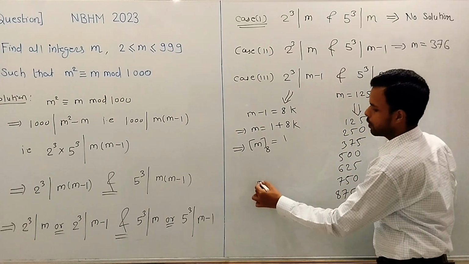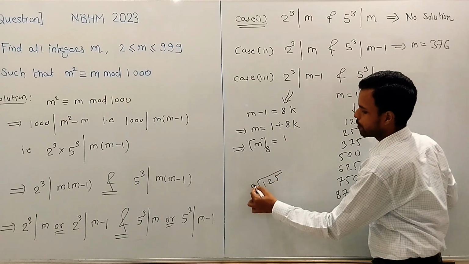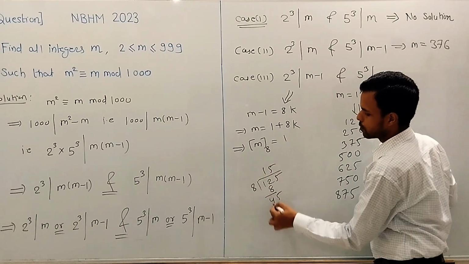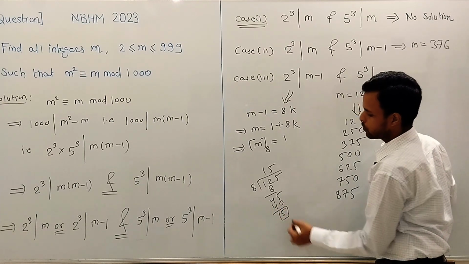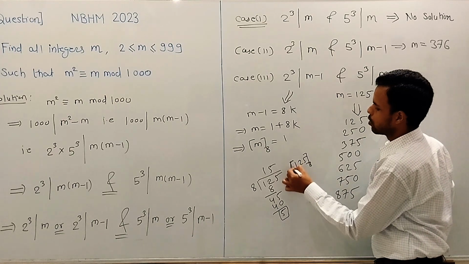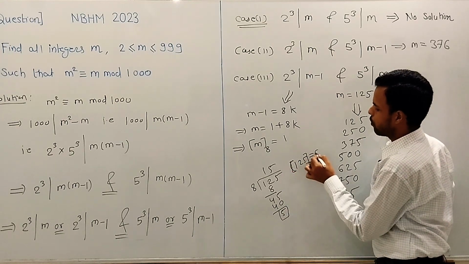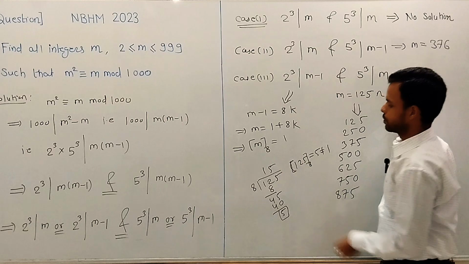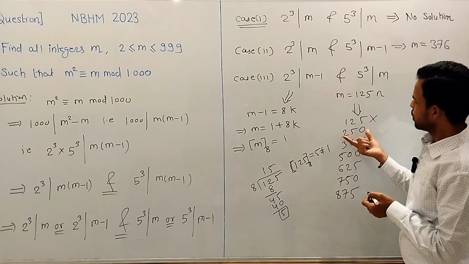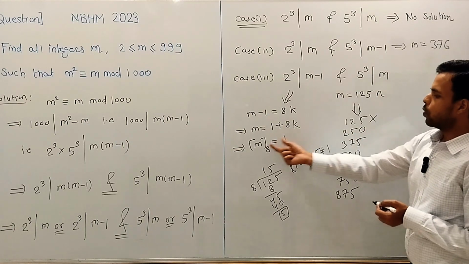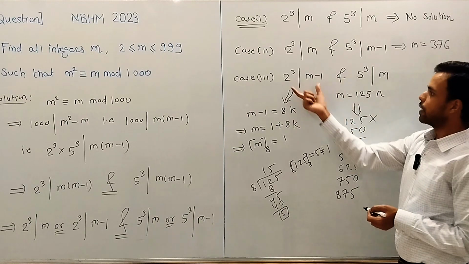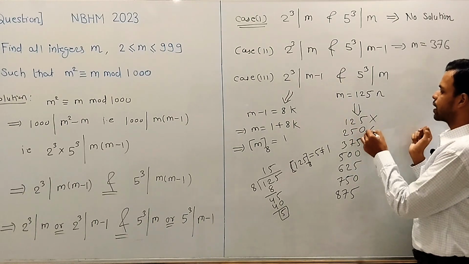To see it, just divide 125 by 8. So the remainder is 5. So from here we see that 125 modulo 8 is equal to 5, not equal to 1. So 125 is discarded. Similarly, 250 modulo 8 is not equal to 1. So m does not satisfy this condition. So 250 is discarded.